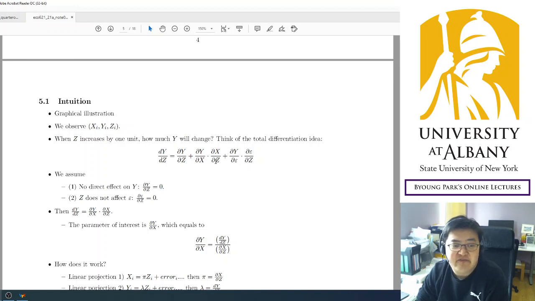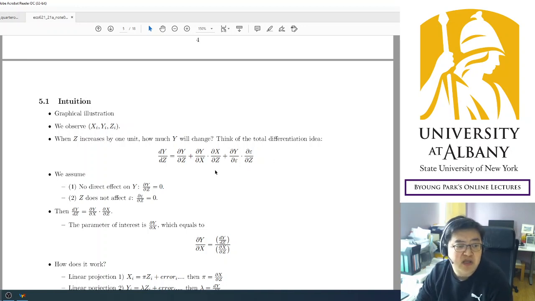This is the effect of Z on Y through X. And the final term is through epsilon. So Z increases, then epsilon increases, and then epsilon will increase Y. So this is also an indirect effect, through epsilon. This is what I wanted to give you in the graphical illustration.